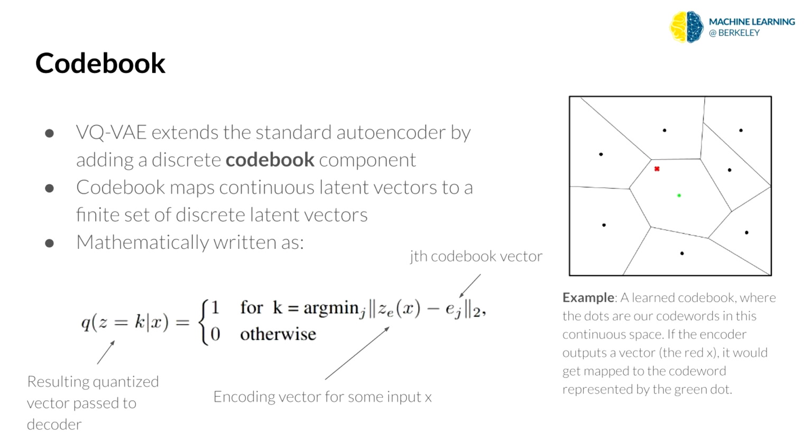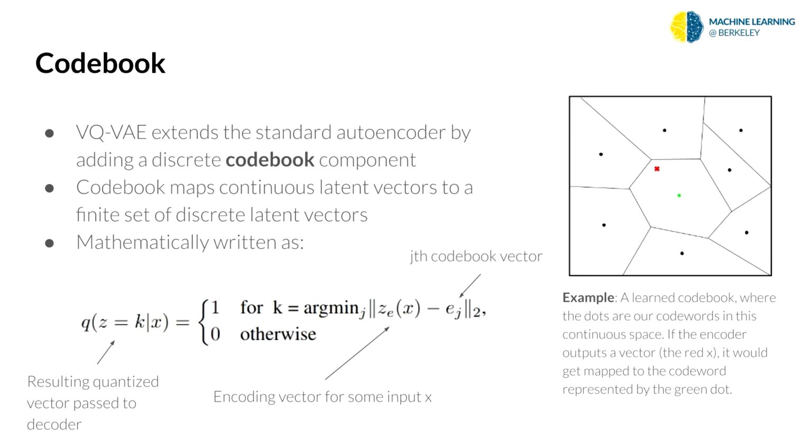Let's say that the dots are our code words within this continuous space. If the encoder outputs a vector, let's say the red X, it would get mapped to the code word represented by the green dot, because that's the code word it's closest to. That's how a codebook takes a continuous space and turns it into a discrete space.